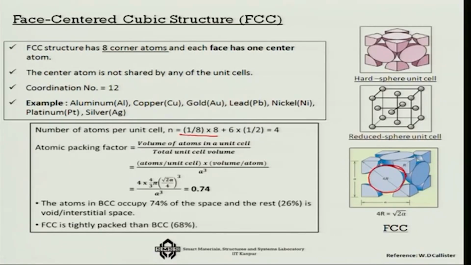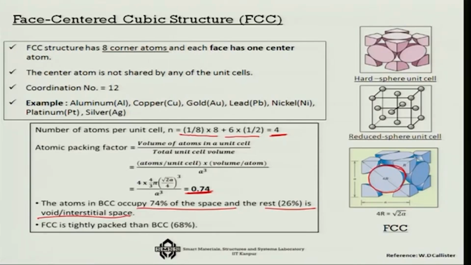So, that is actually 6 times half. So, if you consider all of them together, you will get the number of atoms per unit cell to be 4. And then if you again calculate the whole thing, you will find out the ratio to be 0.74. That means 74% of the space is occupied and the rest 26% is void or interstitial space. So, this is definitely much more packed than even the BCC.